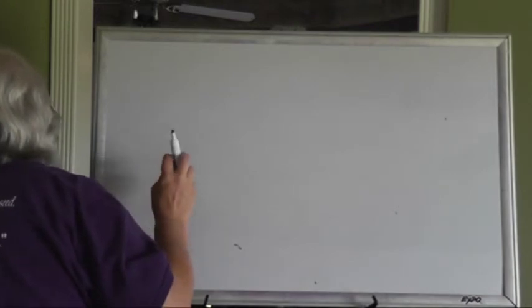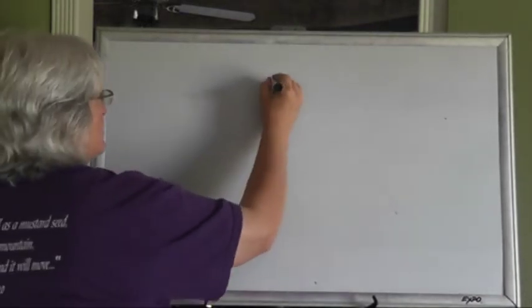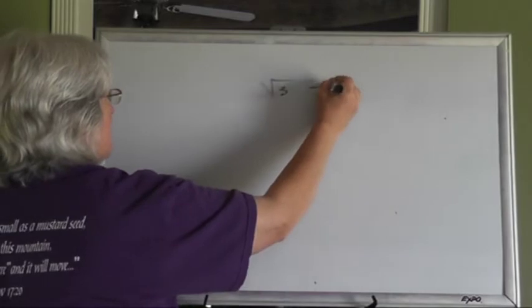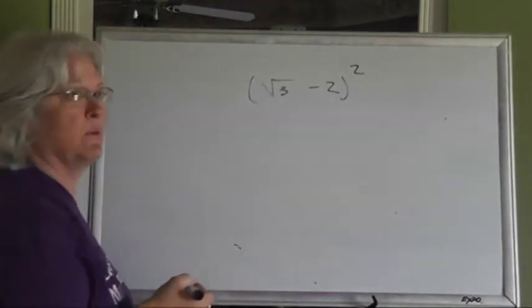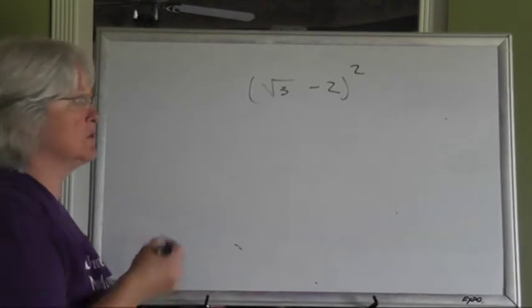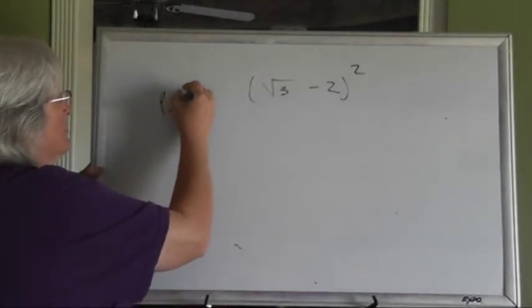Example number 4, the square root of 3 minus 2 quantity squared. What you have here is a perfect square trinomial.